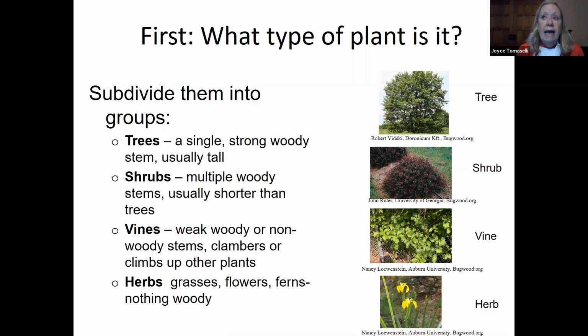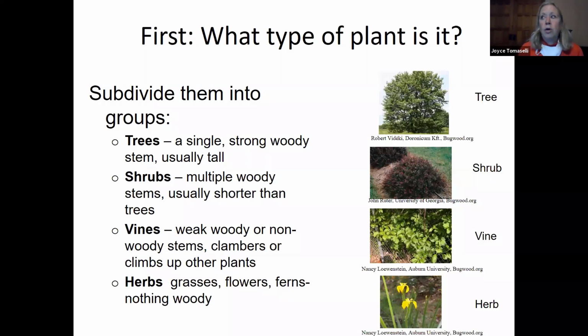Vines, which usually have to climb up over something, or sometimes they can form their own scaffolding, but normally they climb. And then what we call herbs, which are the herbaceous perennials that are the grasses and the flowers and the forbs.